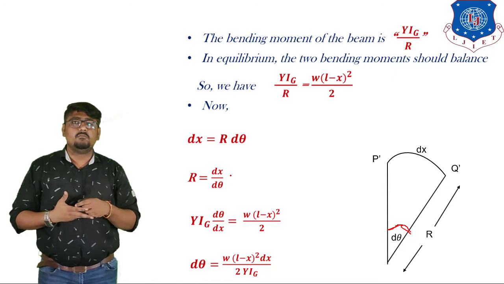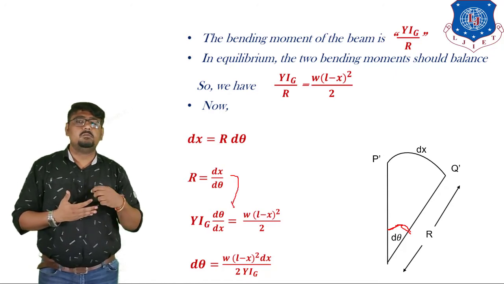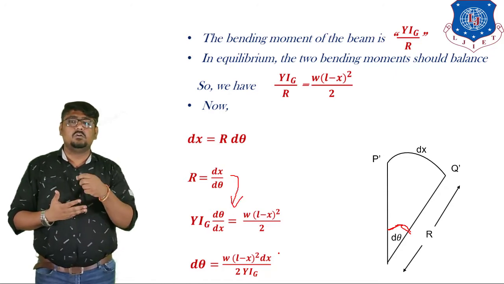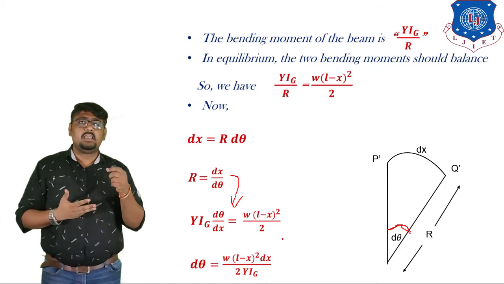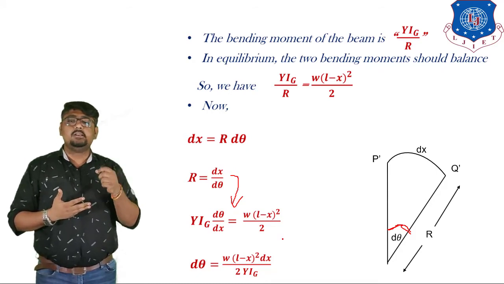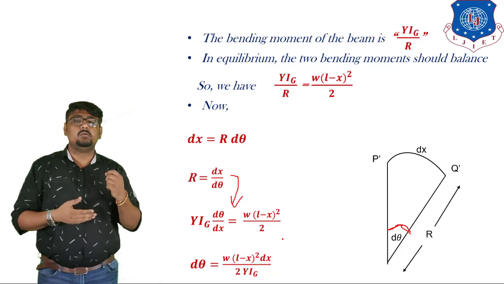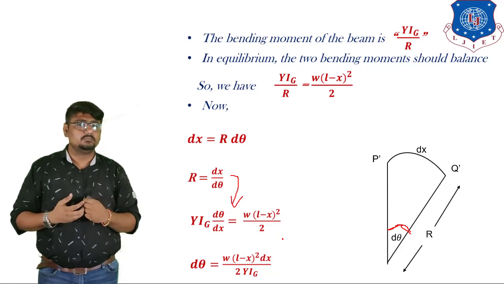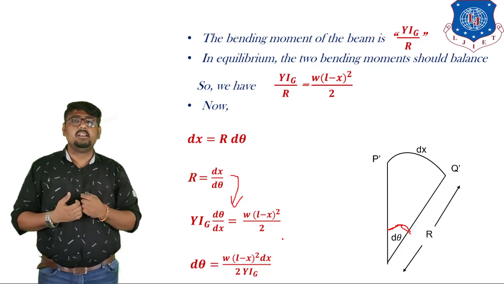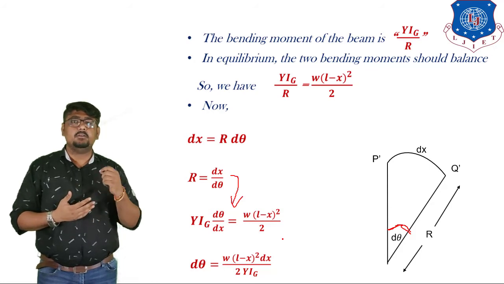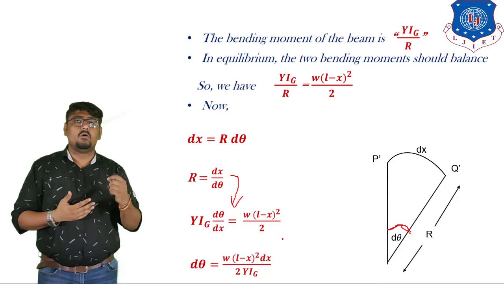In the previous equation we want 1 upon R, so 1 upon R will become d theta by dx. So we get Y Ig into d theta by dx equals w into (L minus x) whole square by 2. On making d theta the subject, we get w into (L minus x) whole square dx by 2 Y Ig.